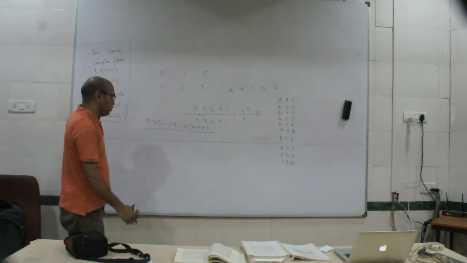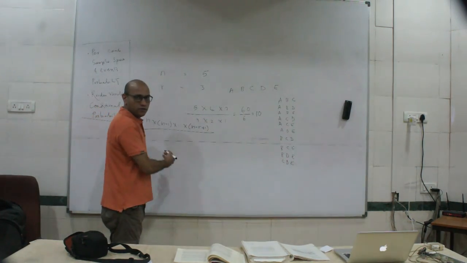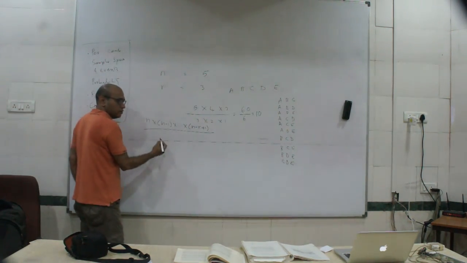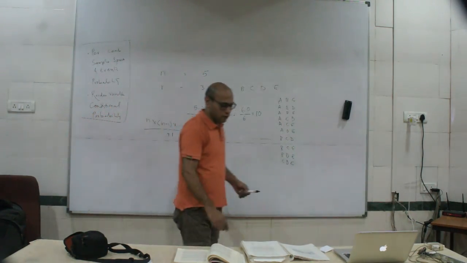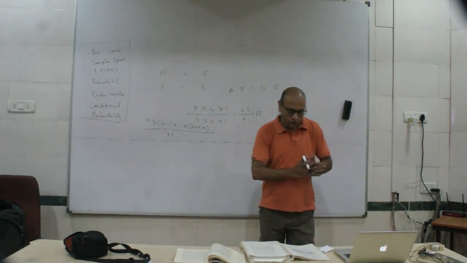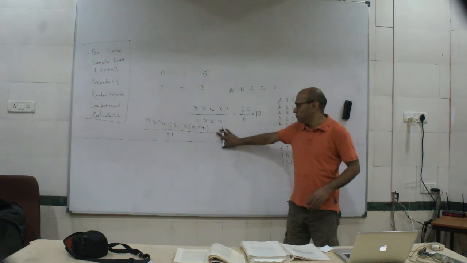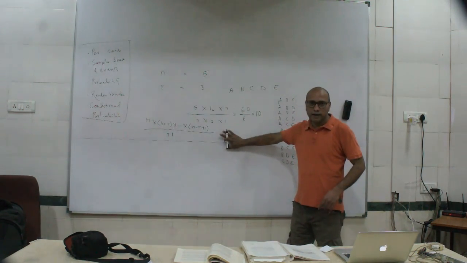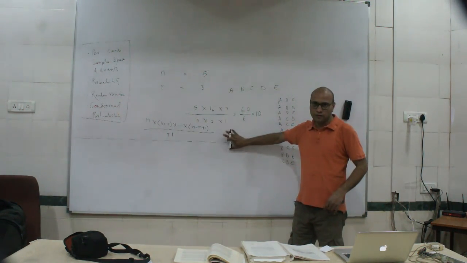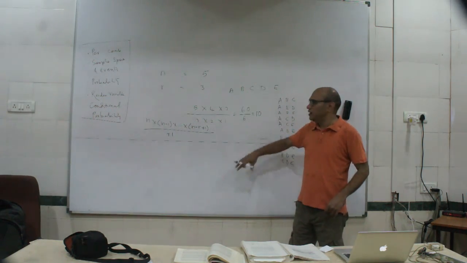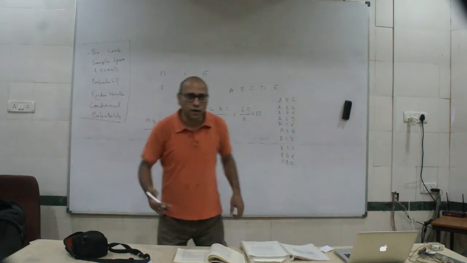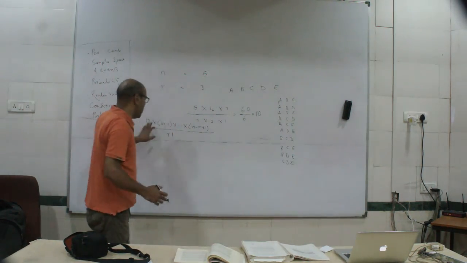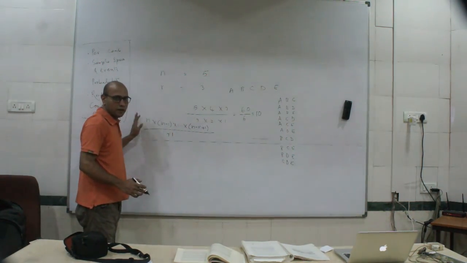So n minus r plus 1, divided by r factorial. This is how I get combinations, this is how I get r objects from n objects.